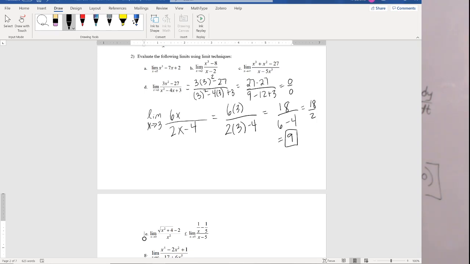Okay. So let's try it by factoring this time. I see there's a 3 in common up there, and so that leaves me with x squared minus 9. And on the bottom, I'm looking for 2 numbers that multiply to 3 and add to negative 4. So it looks like x minus 3, x minus 1. And x squared minus 9 can be factored as x minus 3, x plus 3.